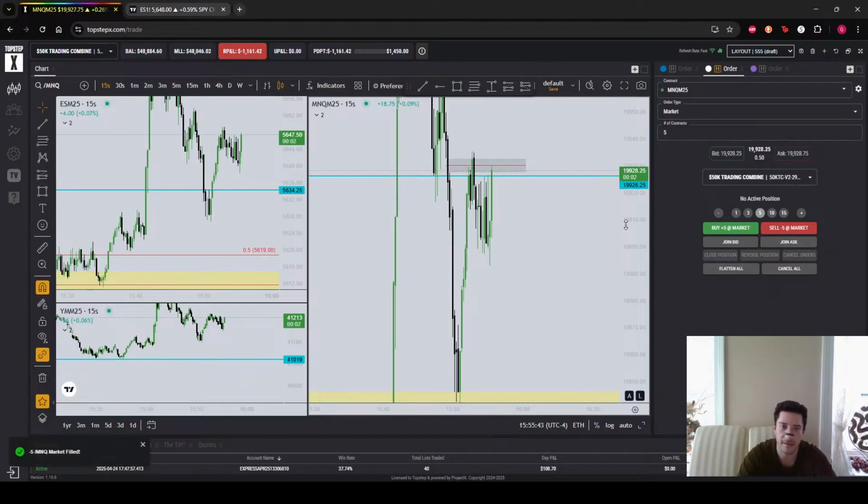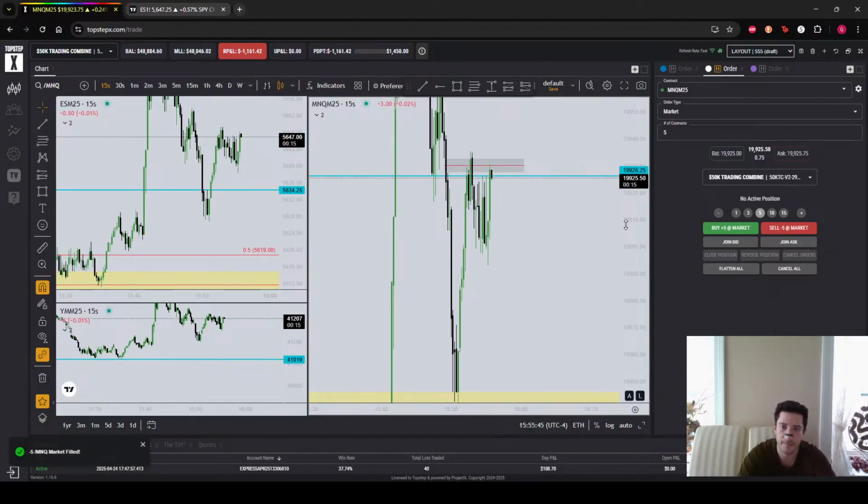Damn, man. I really thought that was gonna puke the low here. I really did. I thought last 5 minutes it was really gonna unravel there.